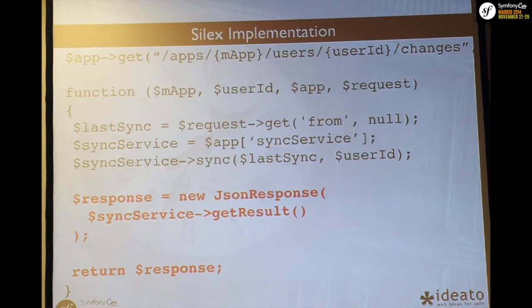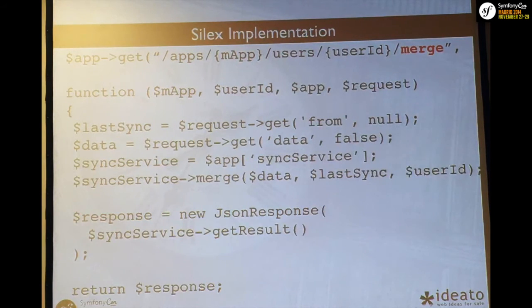Now, a mobile app may not need new data but only to send data to the server. In that case, here we are dealing with the merge. So I have some data I need to merge. What I need to do is get the from parameter again and the data in the request. I'll use the sync service again, passing the data array, the last synchronization time, and the user ID.